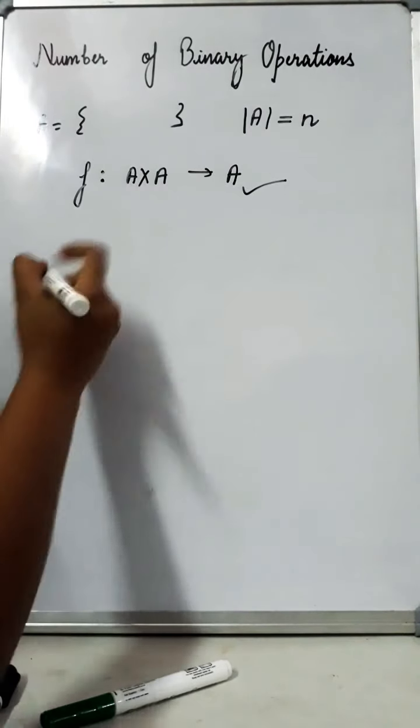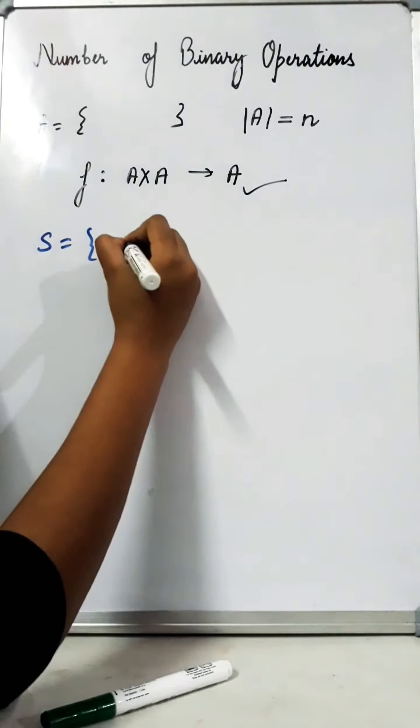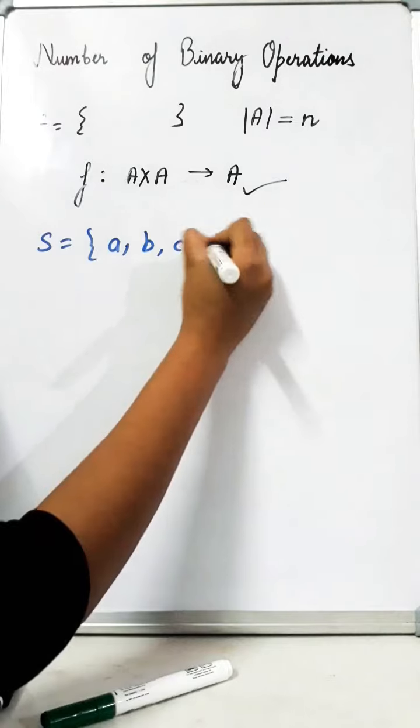Now suppose there is a set S that has elements a, b, c, d.